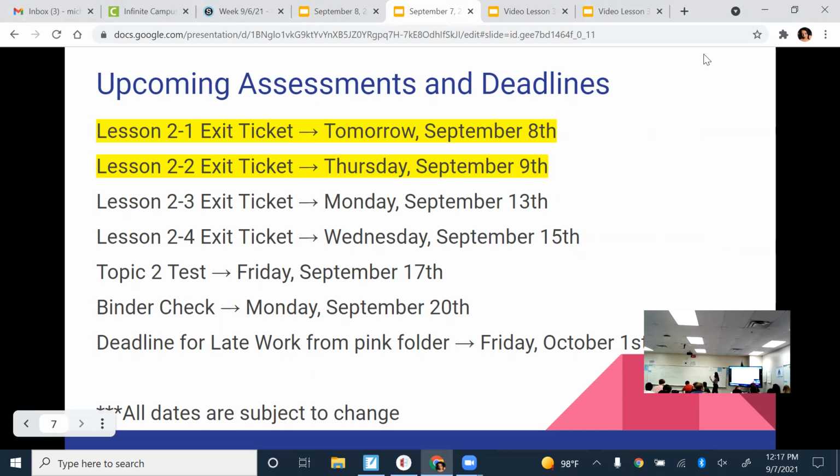So that means there's 4 entrance/exit tickets depending on when we get to them. And then the topic 2 test. Binder check will be that following Monday. And even though this is still a ways away, I want you to be aware of the deadline for late work from the pink folders, which is October 1st. I like for you to know all the dates in advance so you can prepare. Questions?